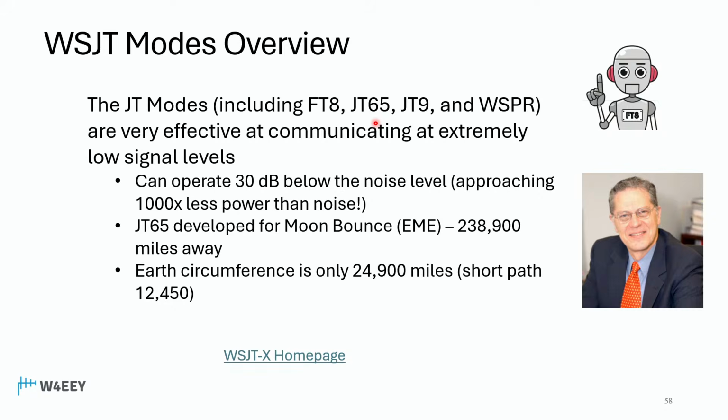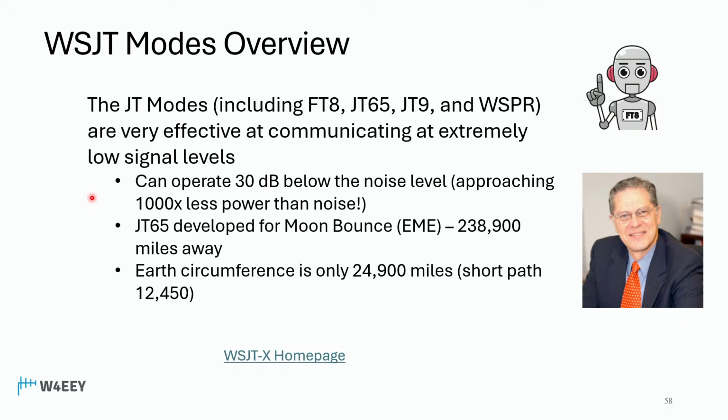And it was designed for moon bounce, so very, very weak signals. So the family now includes FT8, which is the most popular digital mode out there, and its cousin FT4, JT9, and Whisper. We're going to be talking about Whisper coming up. And here we've got a robot. The robot's got a name, and his name is FT8. So all being done in an automated fashion.